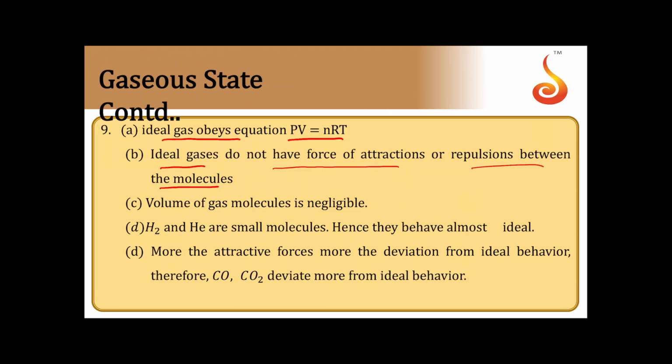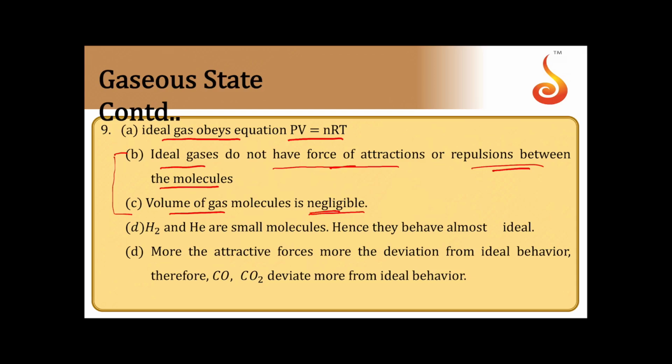So they have zero force of attraction, and the volume of the gas molecules is negligible. These are the main two points in the case of ideal gas. That is, they do not have forces of attraction or repulsion, and the volume of the gas molecules is negligible. We can say they are point volumes.